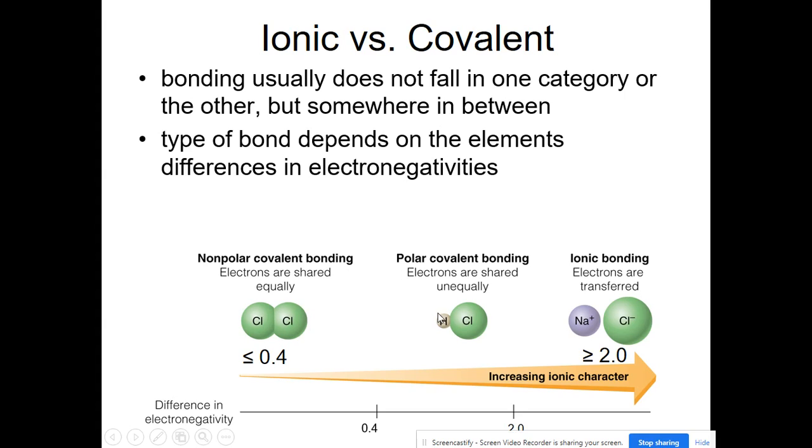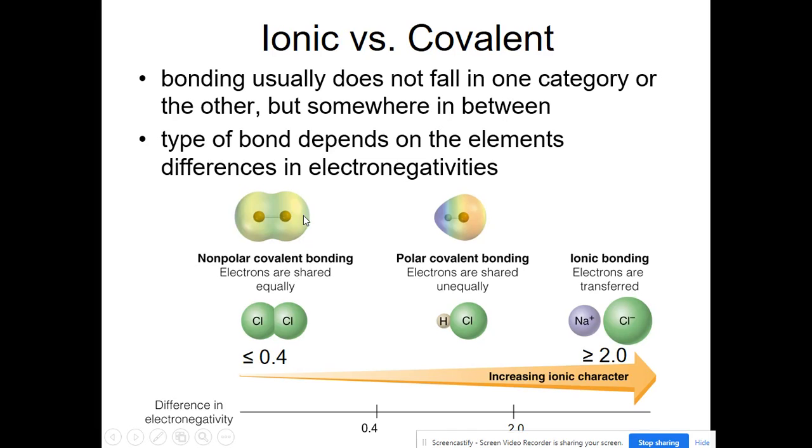If the electronegativity difference is between 0.4 and 2, what we have here is polar covalent bonding, where the electrons are shared unequally. If the electronegativity difference is very large, that is, if it's greater than or equal to 2, what we have here is ionic bonding, where electrons are being transferred from one atom to the other to form ions.